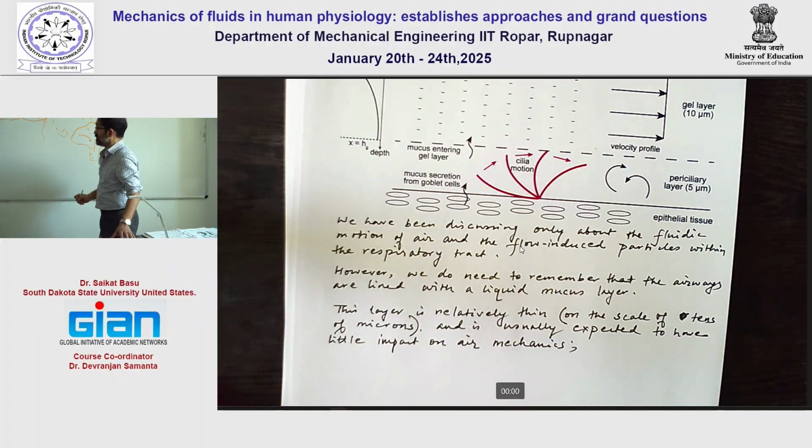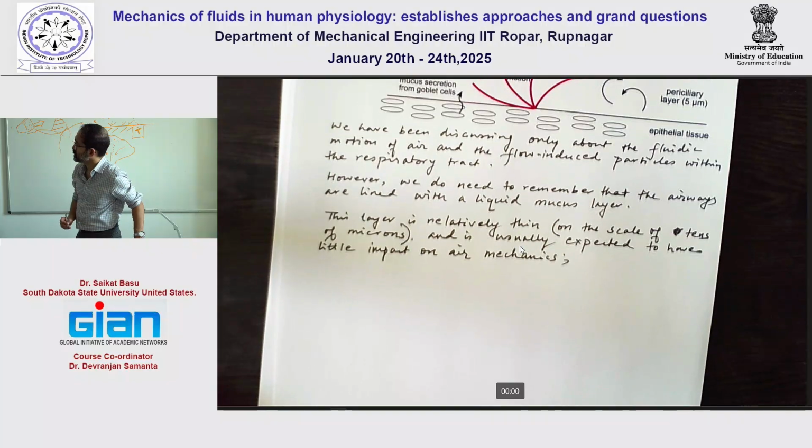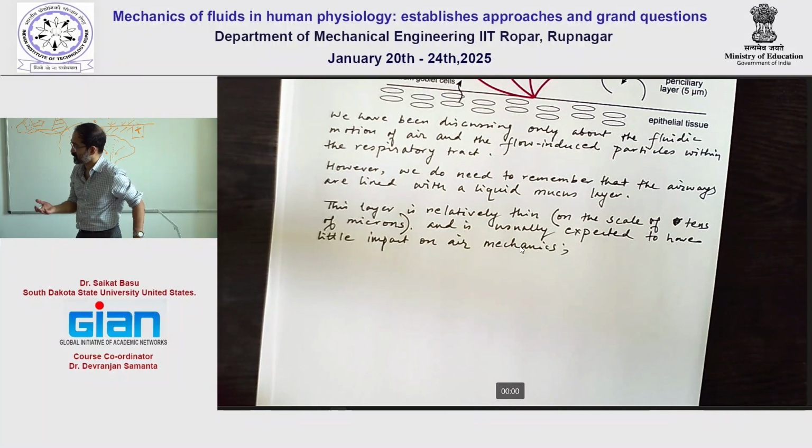So that is fine. So we know for sure that the timescales don't match, so we don't have to worry about that moving wall boundary effect on the air flux.